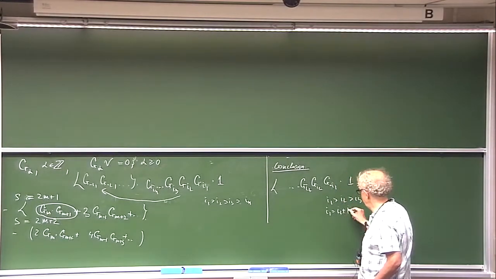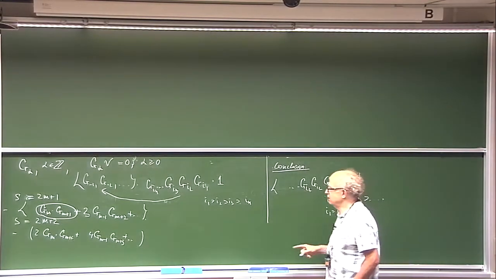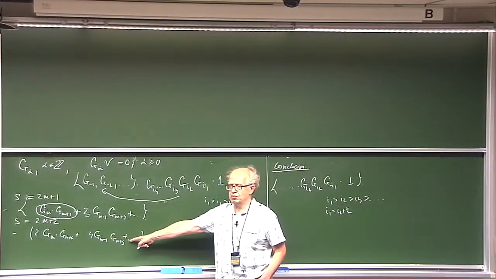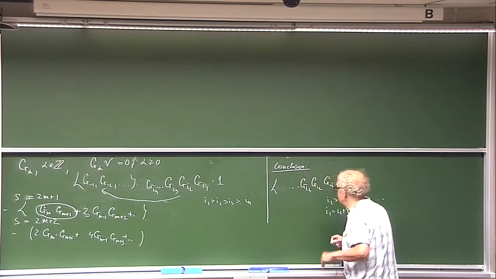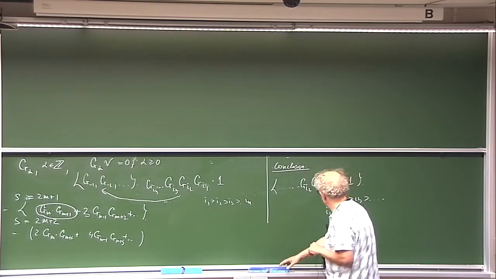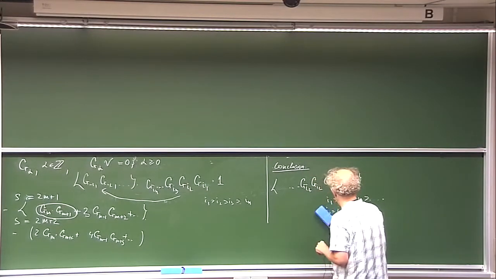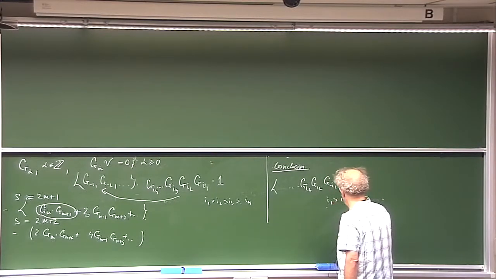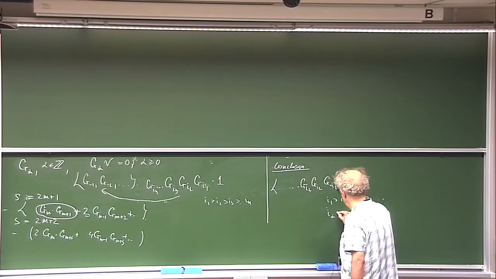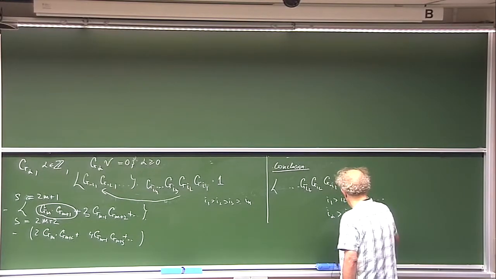And if it is 2, then using this relation I can rewrite this monomial. Therefore, my conclusion is that this is true, but more than that, i_alpha is bigger than i_(alpha+1) plus 2.